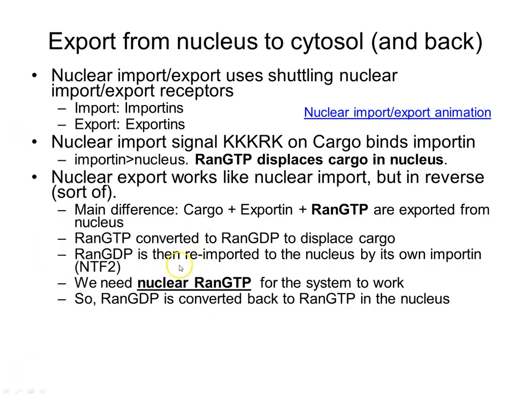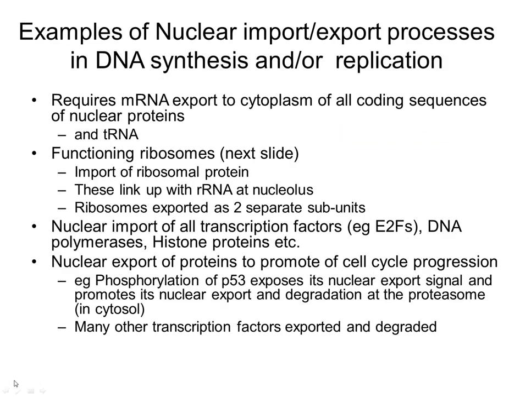Now on this earlier slide it mentions that RAN-GDP is re-imported into the nucleus using its own nuclear import receptor. So that allows a constant supply of RAN-GDP into the nucleus, which then gets phosphorylated to RAN-GTP.